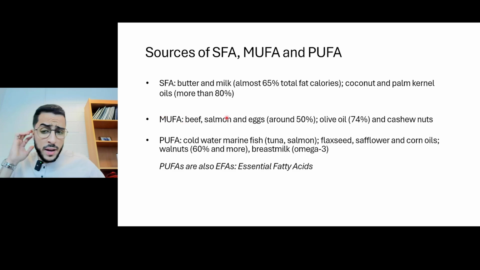Monounsaturated fatty acids, already we're getting a bit on the healthier side of things. As you can see, there's olive oil, salmon, eggs, and beef. Salmon and eggs, around 50% of their fats are monounsaturated fatty acids. Olive oil is 74%.